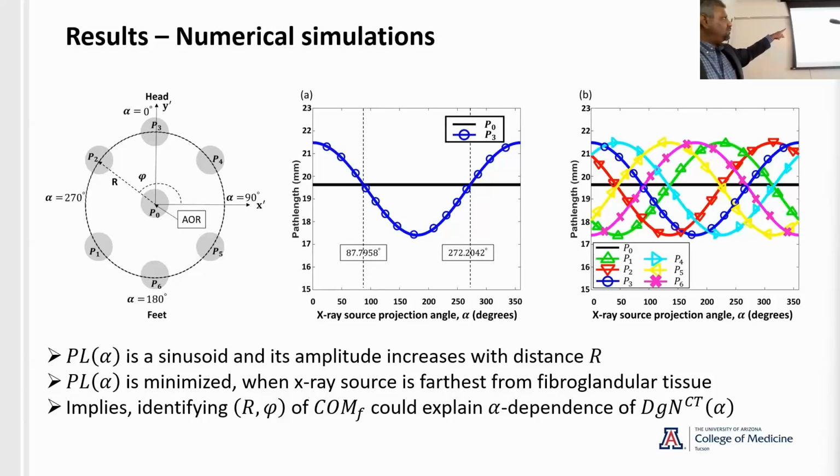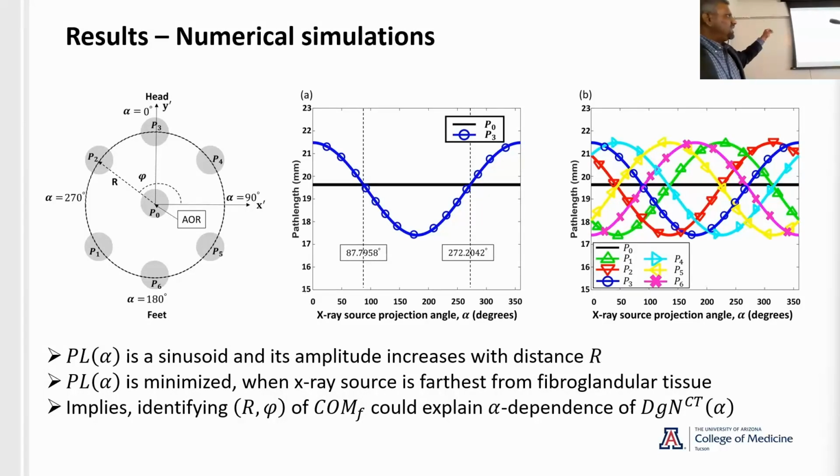And P0, P3 is when it's further away by distance r, but the polar angle is 0 here. And we see it follows a sinusoidal pattern. And here, the projection angle alpha equals 0 is when the X-ray source is at the head position. So when the fibroglandular tissue is close to the source, you have a higher path length, and consequently, we expect a higher dose.